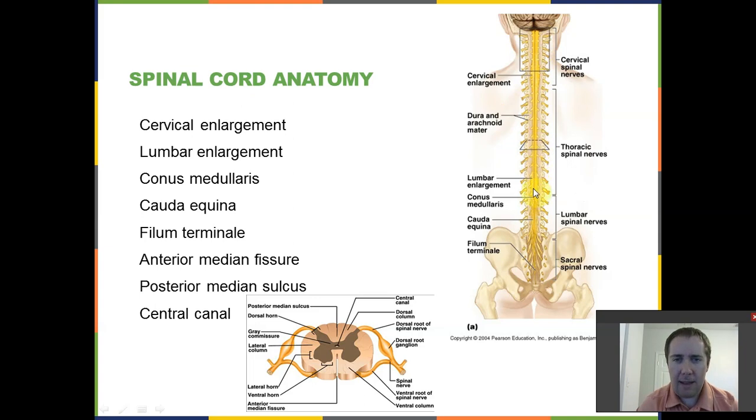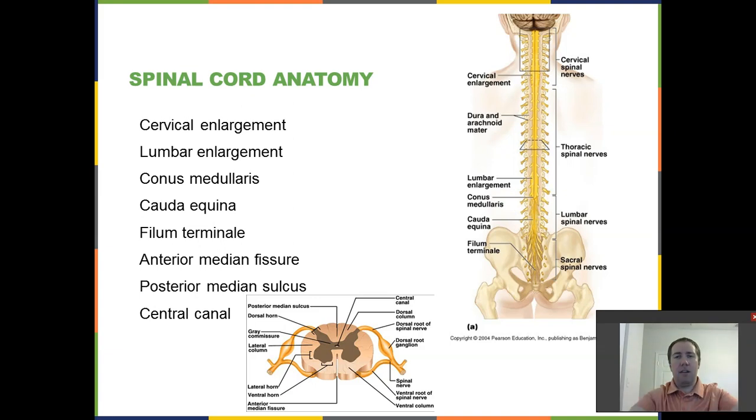And right when you get to the conus medullaris, notice that everything below that is kind of hairy looking. That's because the solid portion of the spinal cord actually stops at the conus medullaris. And it's called conus because it comes down and it forms a little point there.